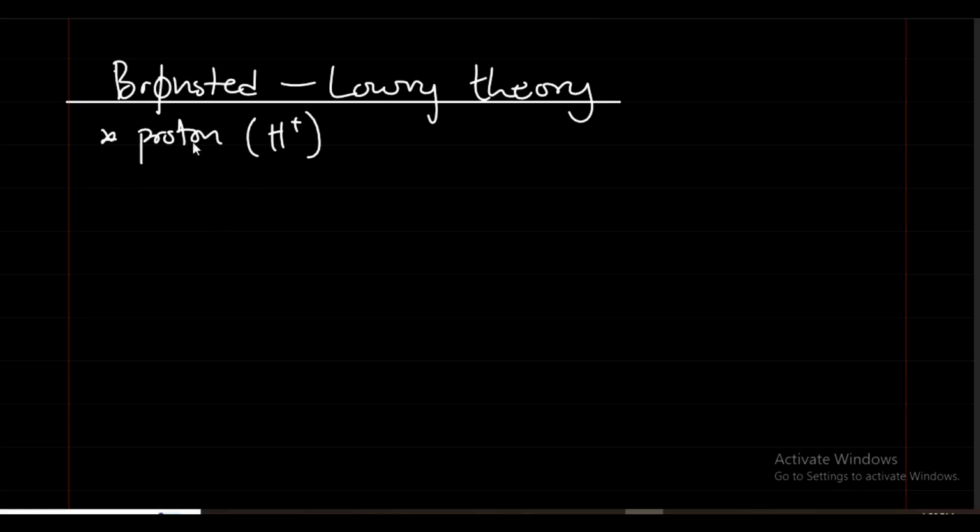Okay, so what did Bronsted and Lowry say? They say that an acid is a proton donor. Okay, an acid is a substance that can donate a proton. Okay, that is an acid.